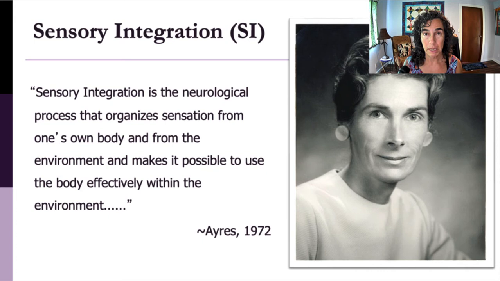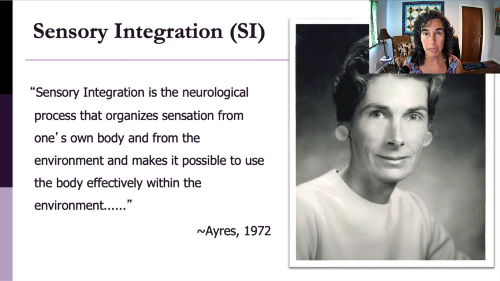1972. So what does that mean? Well, it means that input from all 8 of our senses, vision, hearing, taste, smell, touch, proprioception, vestibular, and interoception, which is the feelings that we have in our internal organs and through our smooth muscles, all of that gets organized so that it informs movement.